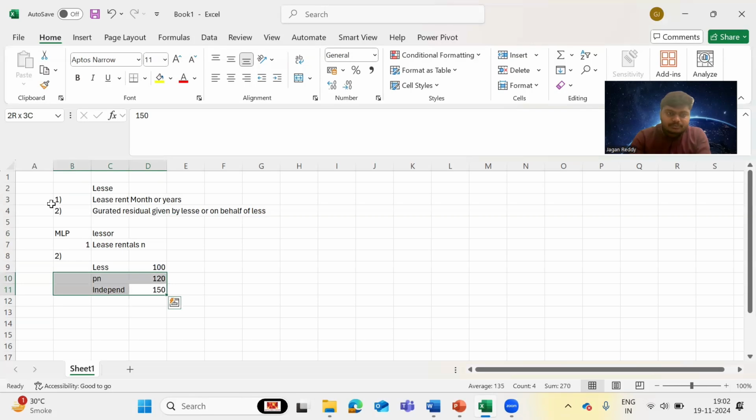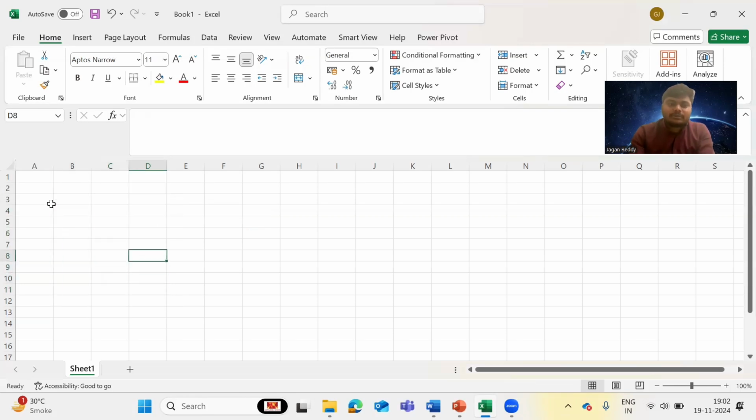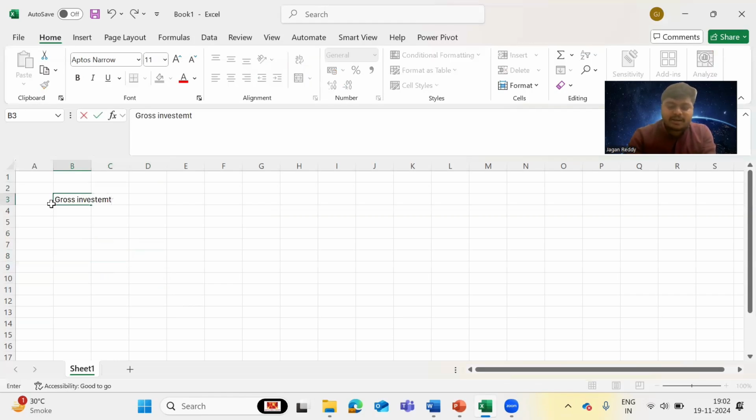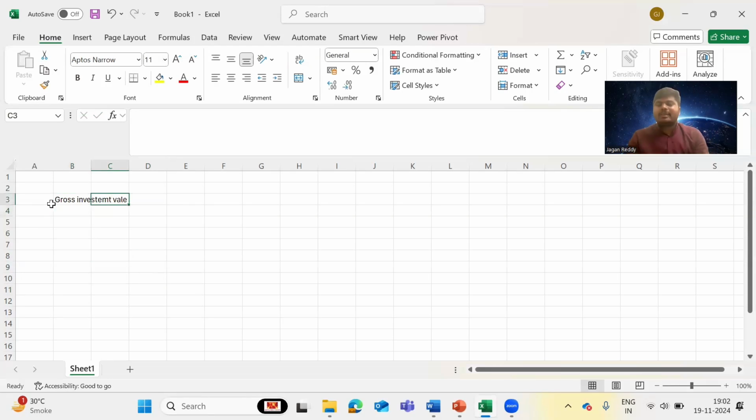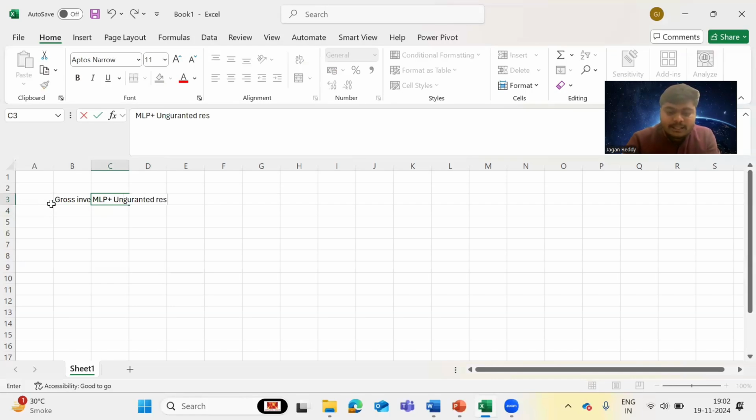Next I am going to discuss gross investment value. It is nothing but MLP plus, as we previously considered the guaranteed residual value, here we will also consider the unguaranteed residual value.